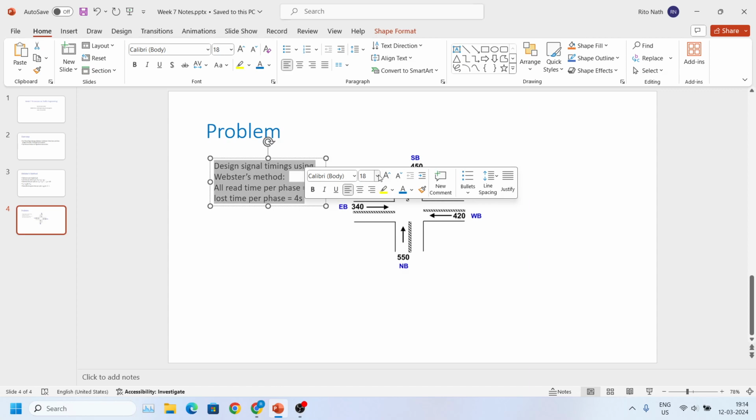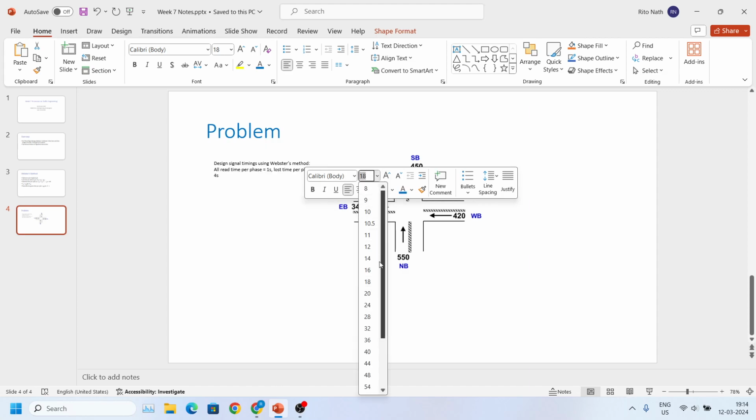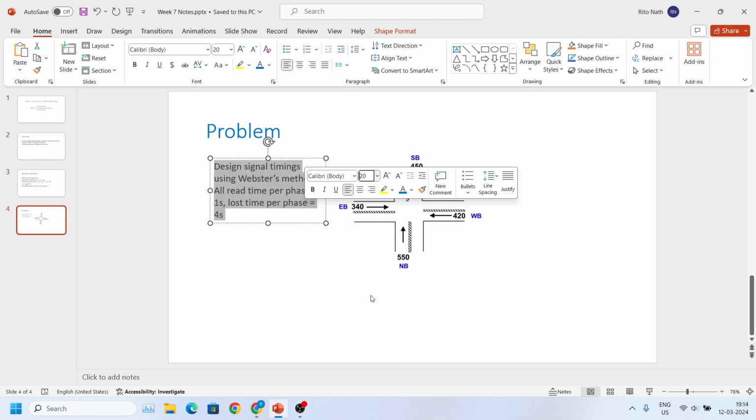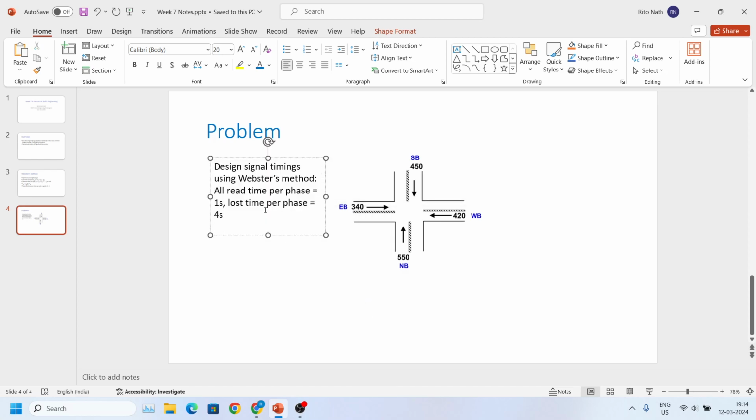In addition, I will need the saturation flows as well. So let's write the saturation flows. So for phase 1, or sorry, phase A, this is eastbound and westbound. Also, in fact, it would be different for this.